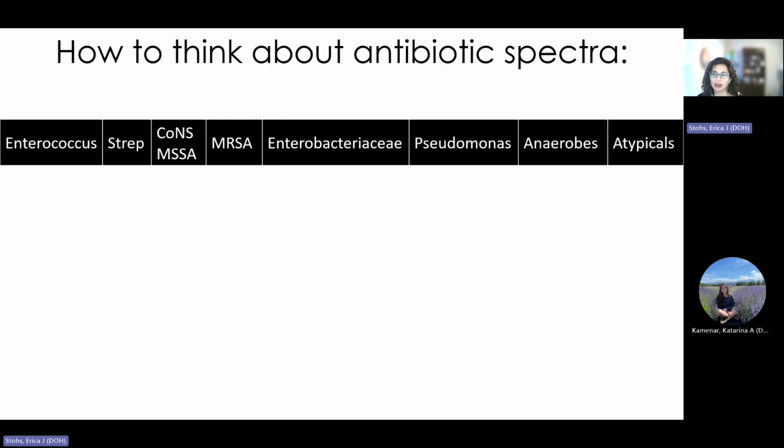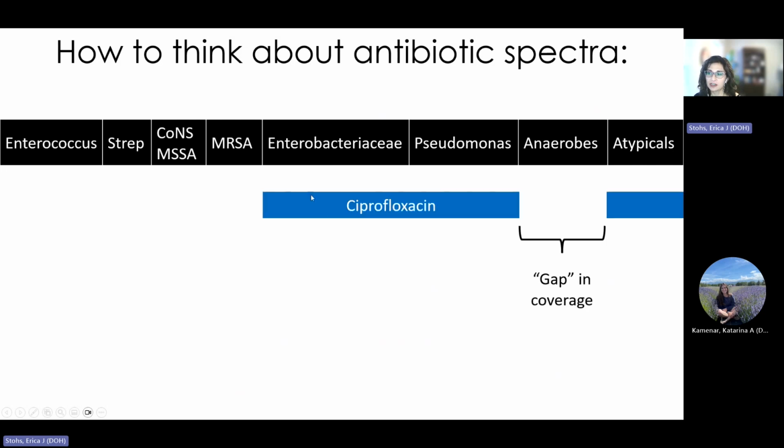So when we talk about antibiotic spectra, we have now divided these into some subcategories. We're going to go through each of these in depth today. This is an example, ciprofloxacin. When you see this figure, this is going to be showing that ciprofloxacin here in blue covers many of our Enterobacteriaceae and Pseudomonas.